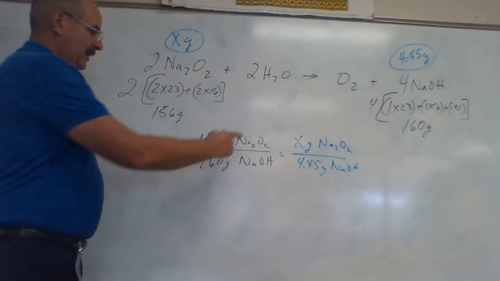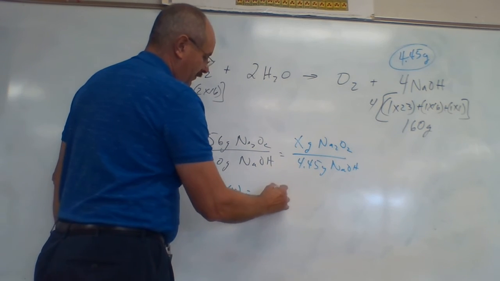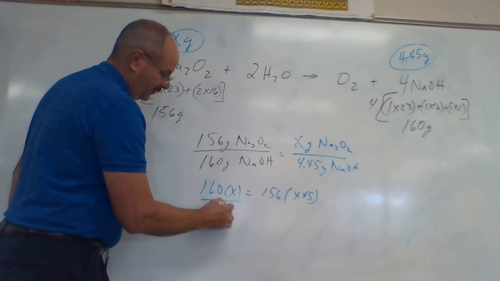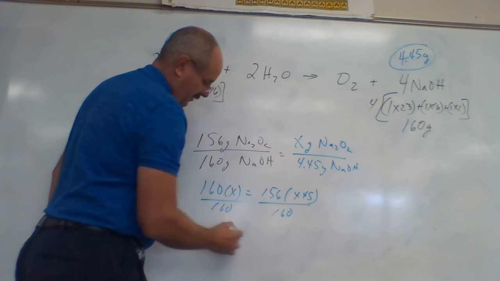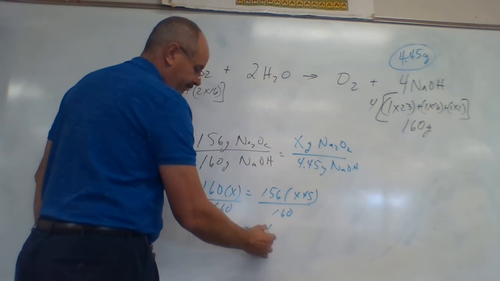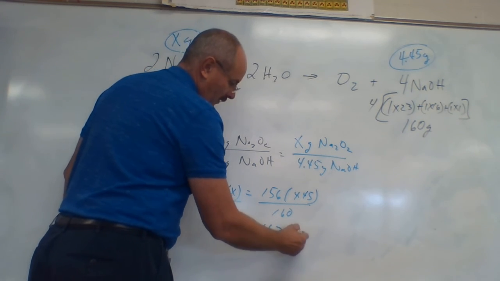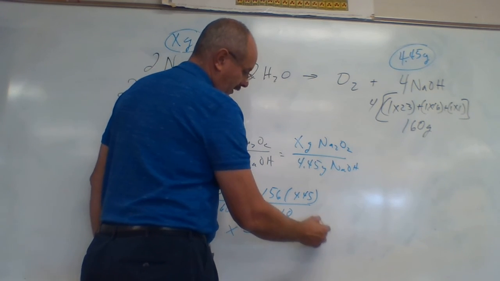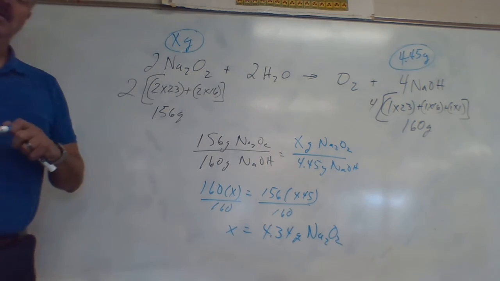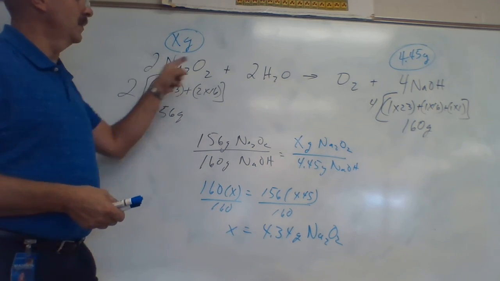So from there, cross multiply: X times 160 equals 156 times 4.45. Divide by 160, divide by 160, and X ends up equaling 4.34. And that was grams of Na2O2.